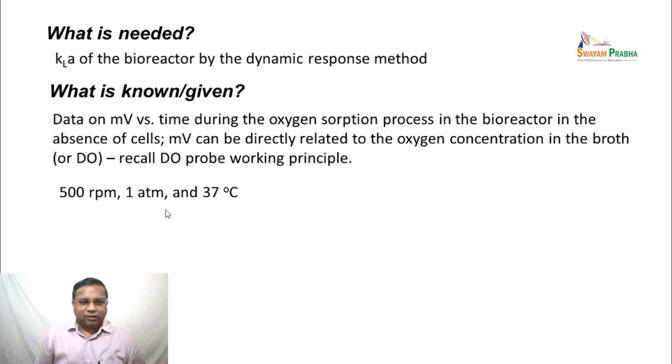The changes in these will change the KLA value. So what is normally done while finding the KLA is to set all these conditions at the operating conditions and measure the KLA. That gives us an idea of the oxygen transfer capacity or oxygen supply capacity of the bioreactor.